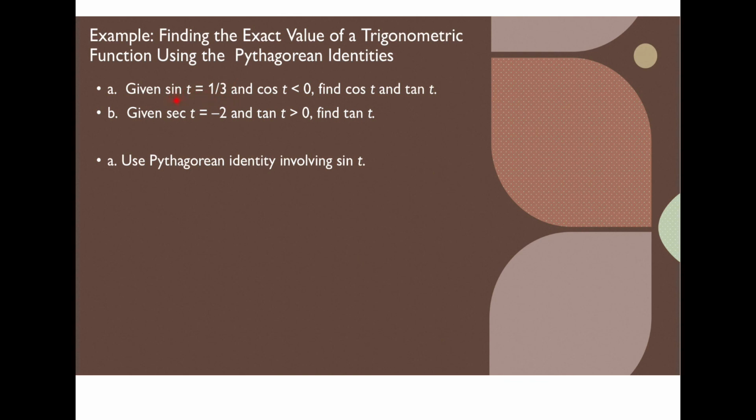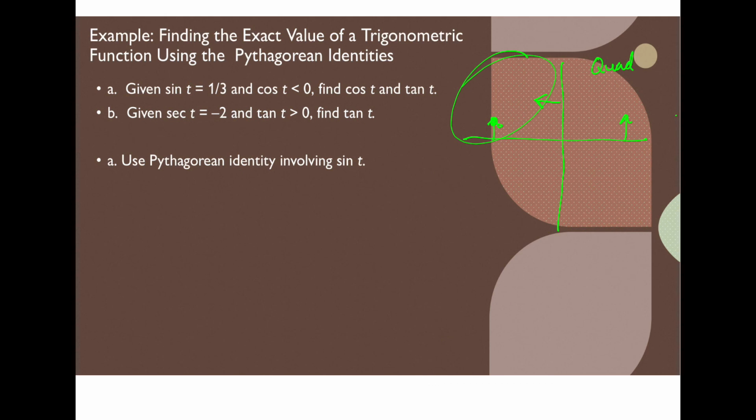So where sine is positive, cosine is negative, looking at our quadrants, we see sine is positive, sine is our y, so it's positive above the x-axis, and cosine is negative to the left of the y-axis. So we can tell that it's going to be here in quadrant 2. We'll just keep that in mind.